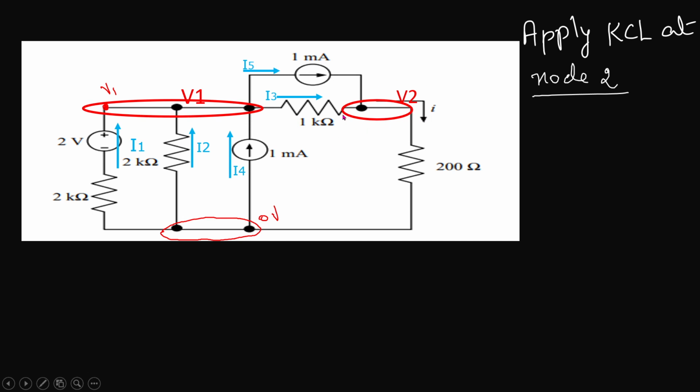Now we apply KCL at node 2. Here the incoming currents are I3 and I5, and the current I is the leaving current.